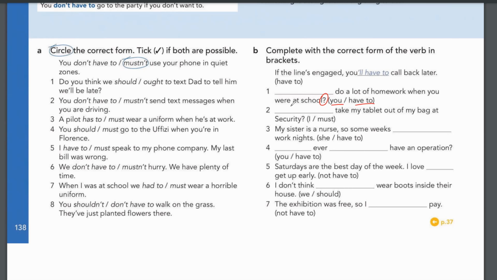And a lot of homework when you were. So when you were, this is a past simple. When you were at school, there's a past simple. Now, if I want to make a question in past simple, obviously I'm going to use did, right? So let's do that. Now I'm going to write did, and then the subject, you. Did you have to do?